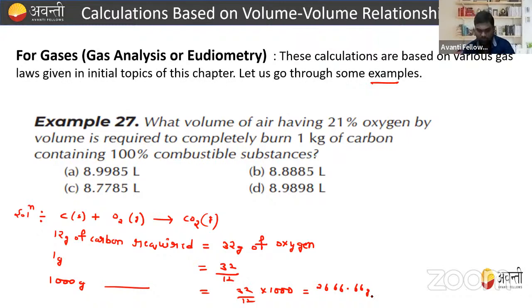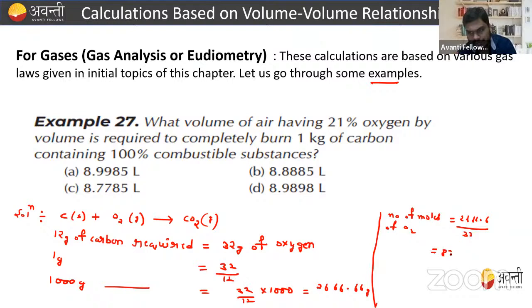What is the molecular mass of oxygen, beta? The molecular mass of oxygen is 32, so just divide by 32 to get the number of moles of oxygen. The number of moles of O2 is equal to 2666.66 divided by the molecular mass 32.